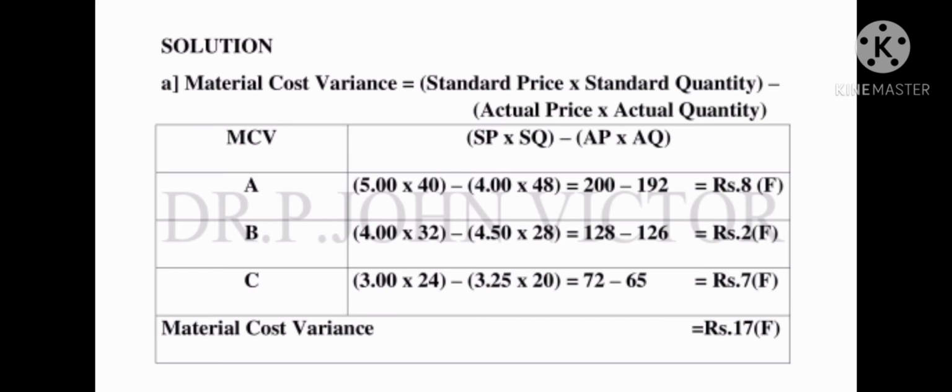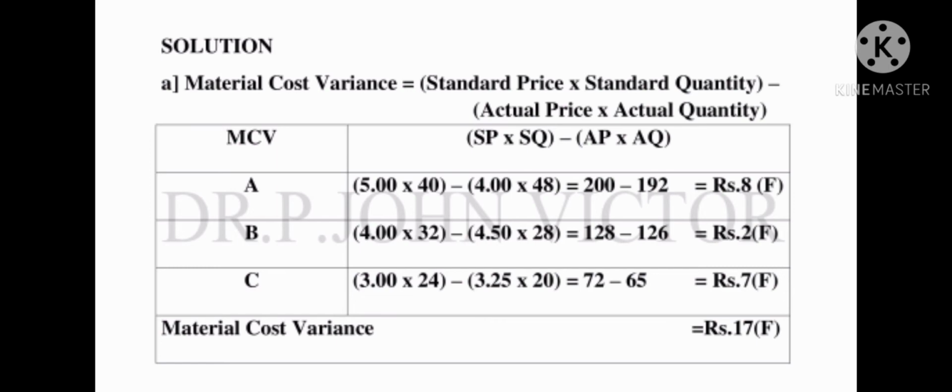Then C: 3 rupees standard price into 24 standard quantity minus 3.25 actual price into 20 actual quantity. 3 into 24 is 72, 3.25 into 20 is 65.